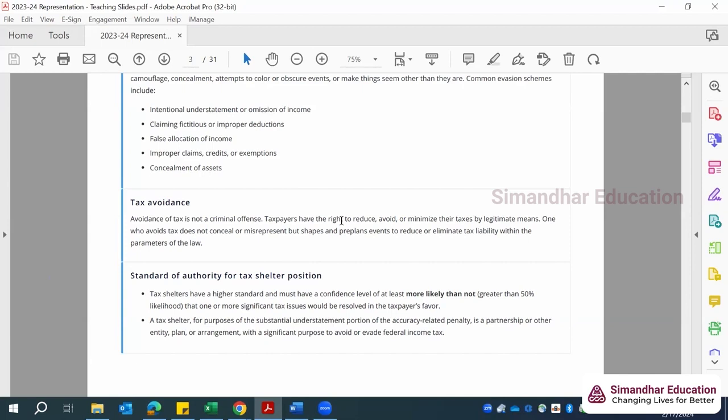We covered reasonable basis, substantial authority, and more likely than not standard. So if it's a tax shelter position, which the IRS believes, then the standard that you should be following for those transactions is the more likely than not standard. Okay.